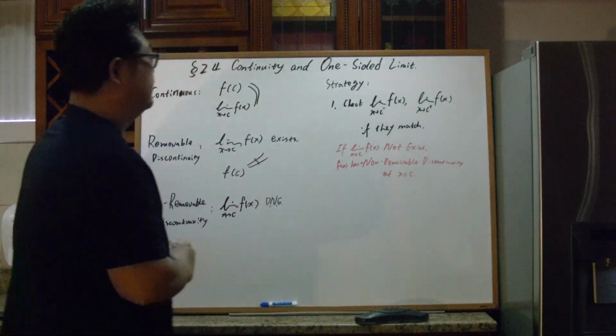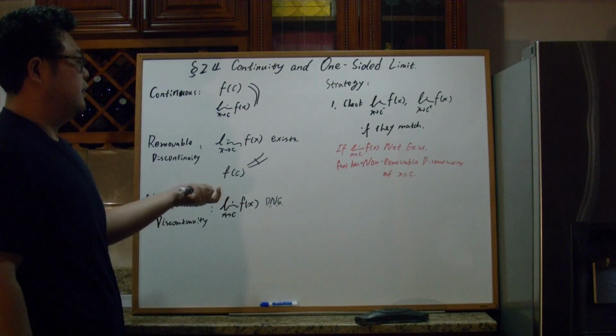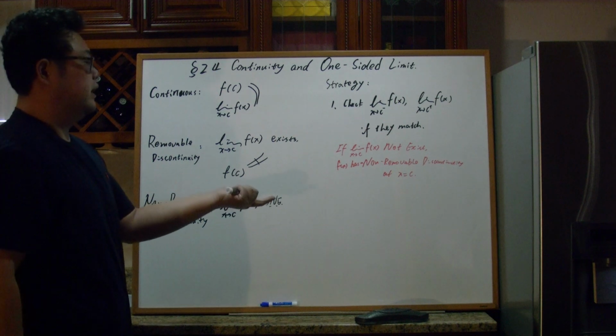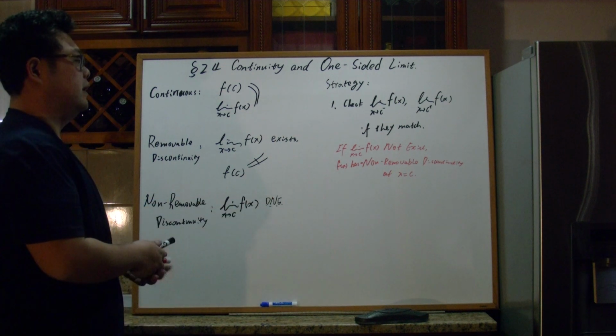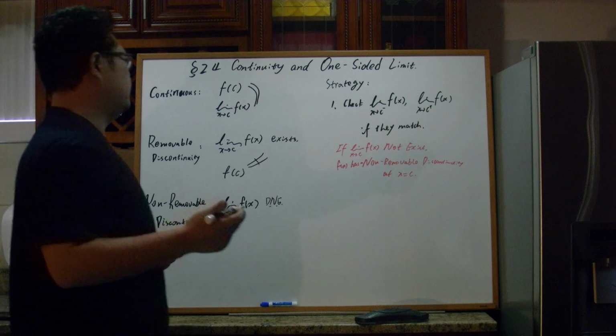If the limit does not exist, we could stop at this first step and conclude f of x has a non-removable discontinuity at x equals c.